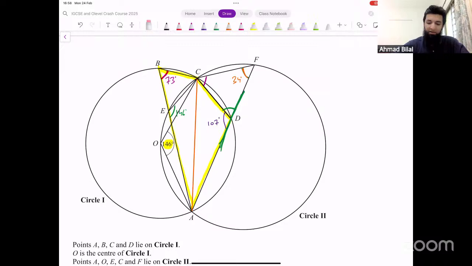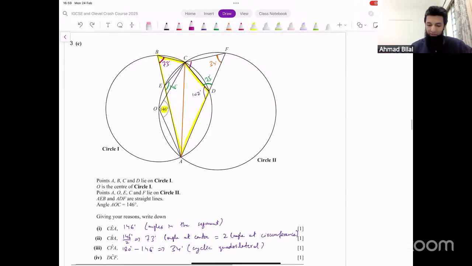Angle in a straight line is 180 degrees. So this remaining angle here is going to be 73 degrees. And if that is 73, now we have two angles in that triangle. We can find the remaining angle, 180 minus 34 minus 73, and that should give us that last angle that we're looking for.